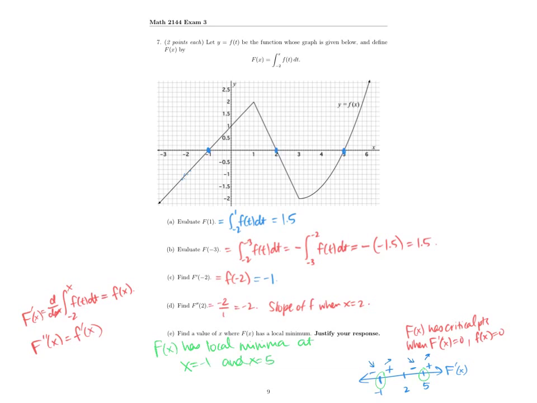And this makes sense because here I'm accumulating negative area. And then when I reach -1, I've stopped accumulating negative area and I'm going to start accumulating positive area, which means my total area is going to increase. And then here, as I go along, I'll be accumulating negative area again. And when I get to 5, it's going to stop accumulating negative area. So that's going to be another minimum value of the function capital F.